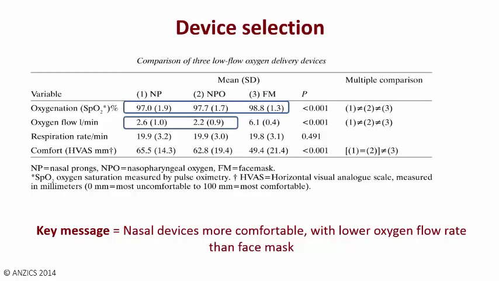And when asked, the patients told us on a scale of 0 being most uncomfortable to 100 being most comfortable, that yes, they preferred the nasal devices overall. One could take away from this that in the event of using a face mask, one should also consider using nasal prongs because of the lower flow delivery and increased patient comfort.